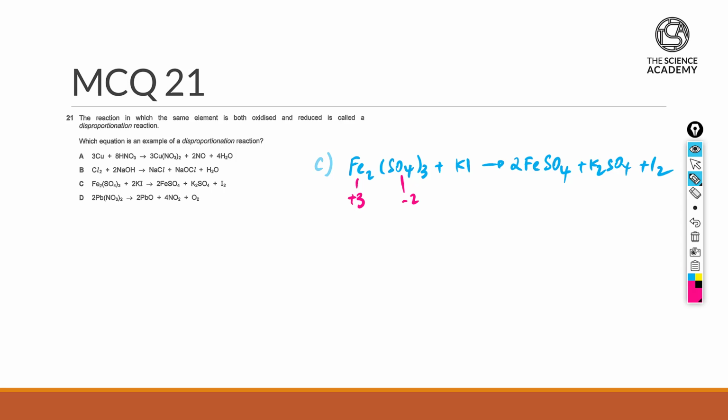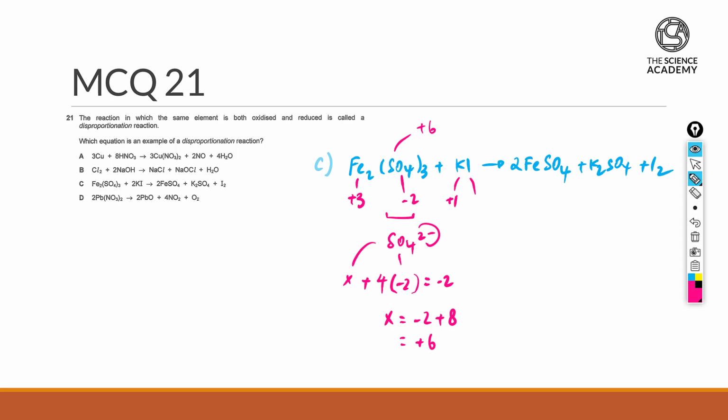Same thing for sulfur: we will extract this out, treating it as SO4 2-. 4 times -2 for oxygen, and a single X to represent the unknown for sulfur, which should all equal -2. X will equal -2 plus 8, to give us an oxidation state of +6. Potassium is +1 since it's group 1, iodine is -1 since it's group 7.